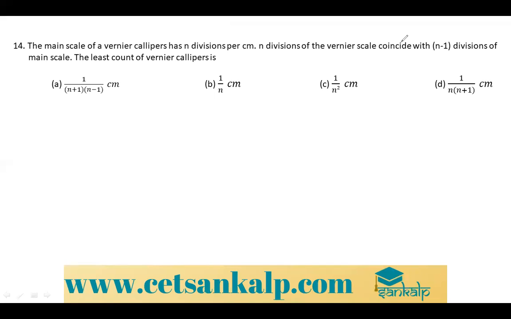Okay, the next problem: the main scale of the vernier calipers is given as n divisions per centimeter, and n divisions of the vernier scale coincide with n minus 1 divisions of the main scale. So first, I take n main scale divisions, MSD. n main scale divisions is equal to 1 centimeter.